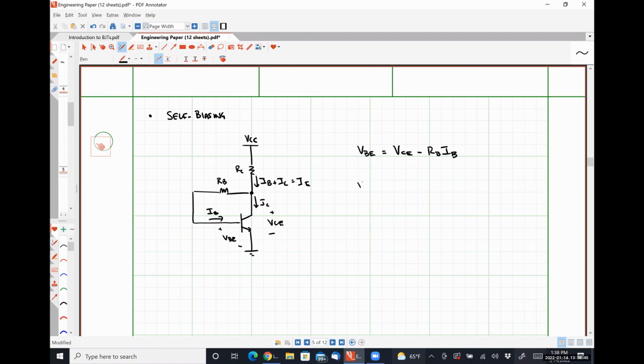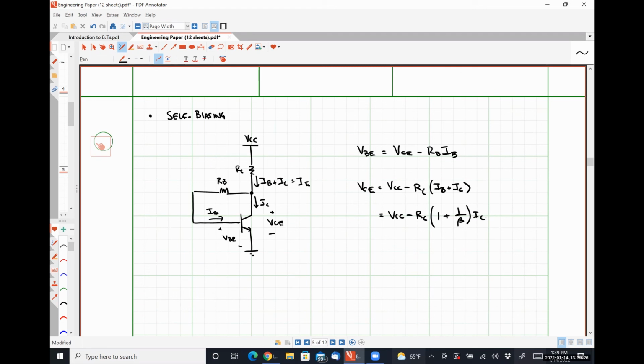We can see that VCE is equal to VCC minus RC times (IB plus IC), which is the same as VCC minus RC times (1 plus 1 over beta) IC.